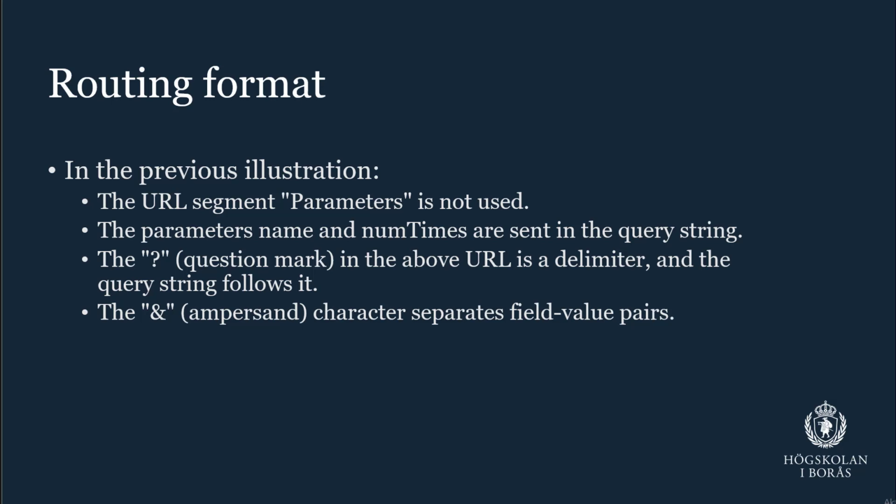The parameters name and number of times are sent in the query string instead. The question mark in the above URL is a delimiter, and the query string follows it. The ampersand character separates field value pairs. So we have variables and values.